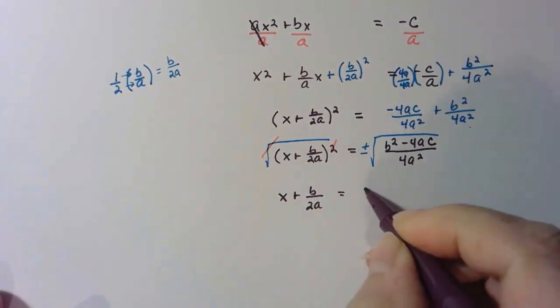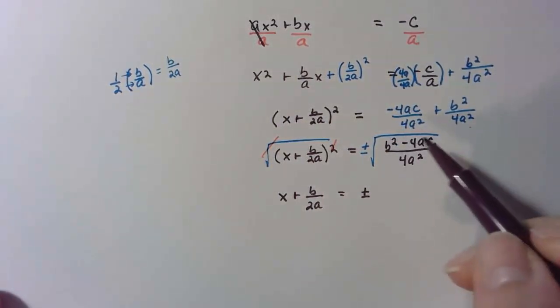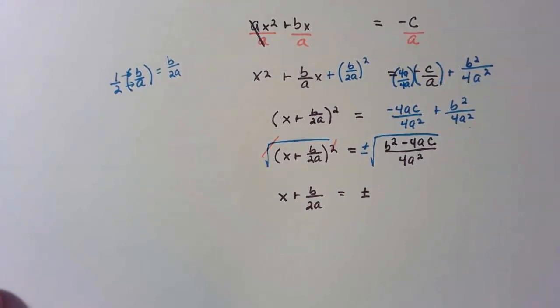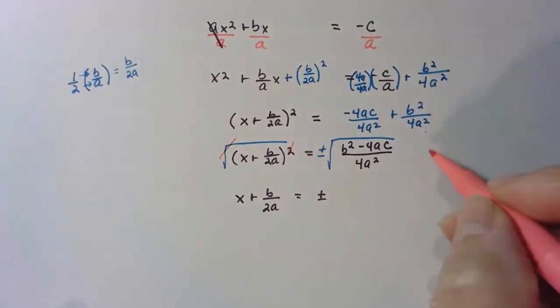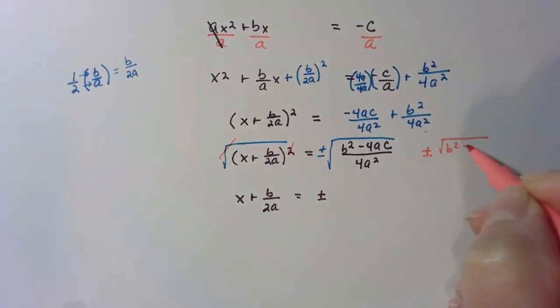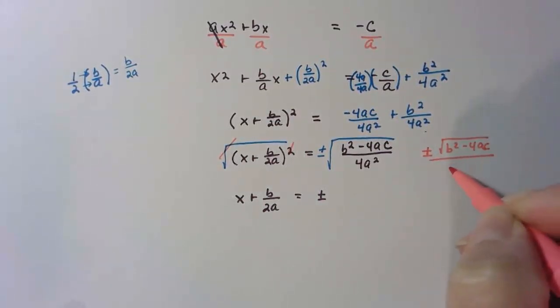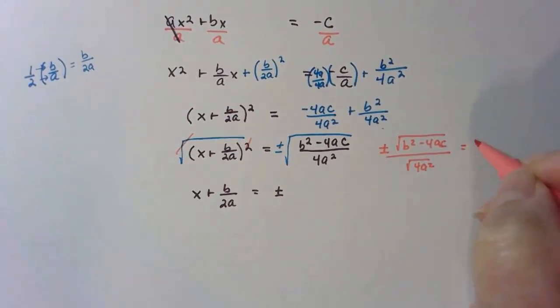Now over here, I want you to be careful again, because what we have is a fraction underneath a radical. And if you recall the rules of radicals, so over to the side again, rules of radicals say that we can put the numerator in its own radical, and we can put the denominator in its own radical. And what I notice is that I can't do much with the numerator of that thing.